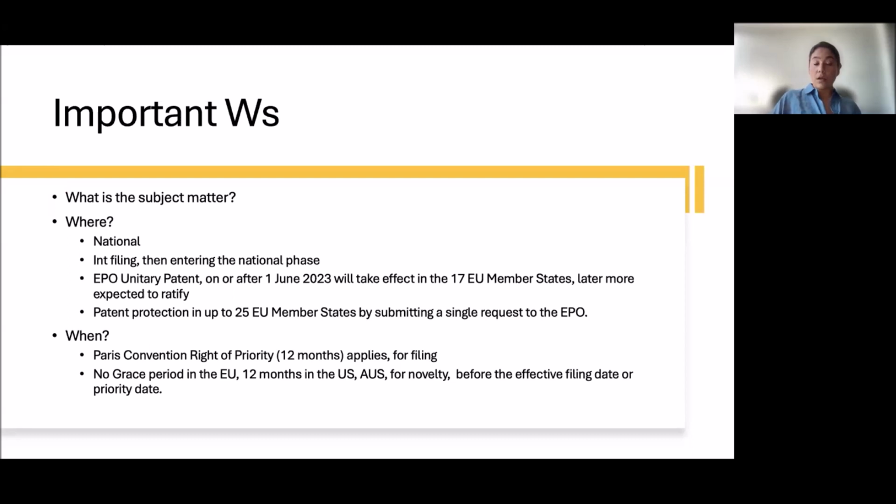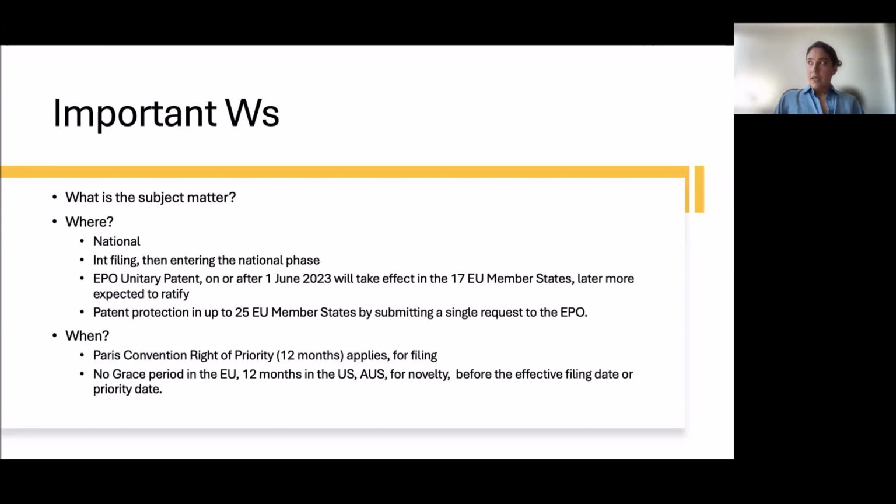And it's always good to consider where, in terms of which country. And there are international agreements that you could file patent applications in an international filing mechanism called PCT, for example. It's provided by the World Intellectual Property Organization.